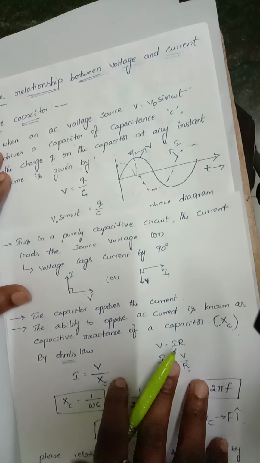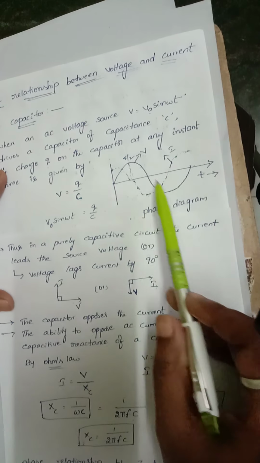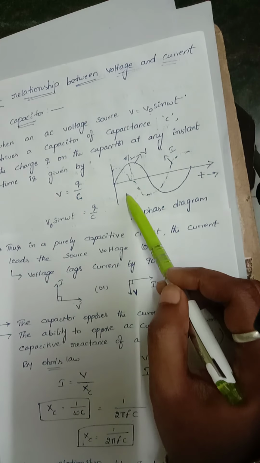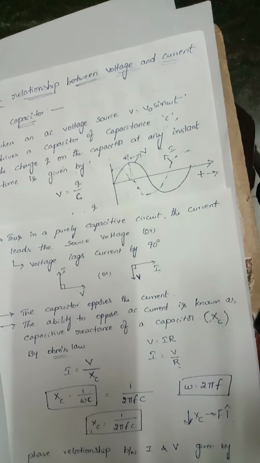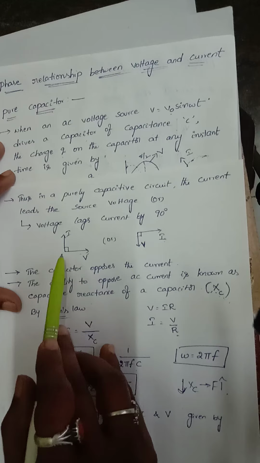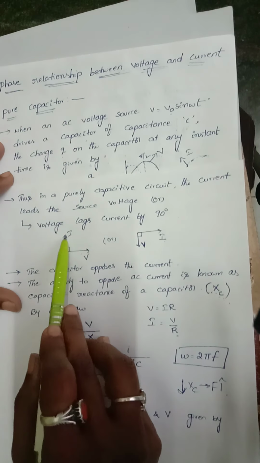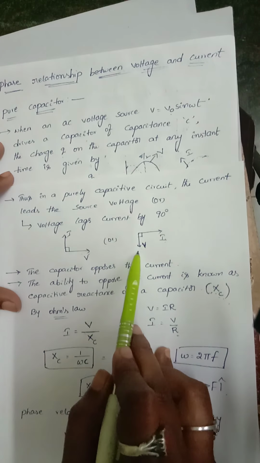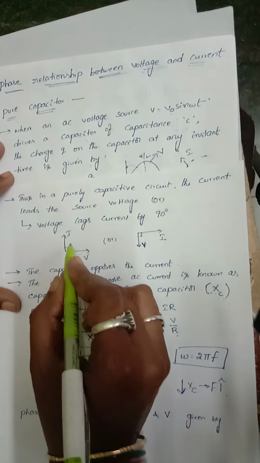Here one thing is observed: in a pure capacitor circuit, the current leads the source voltage, or the voltage lags the current by 90 degrees.